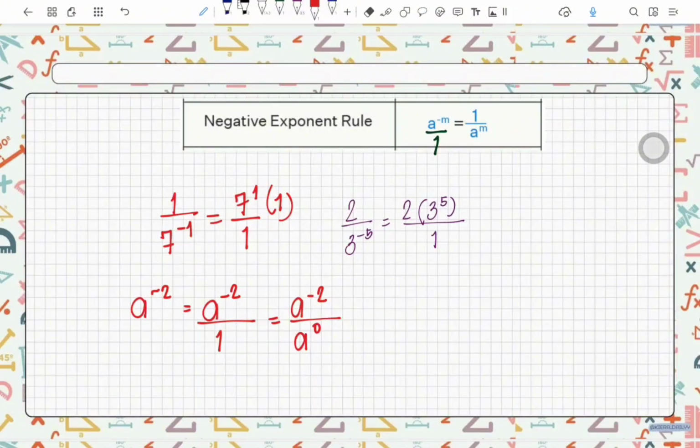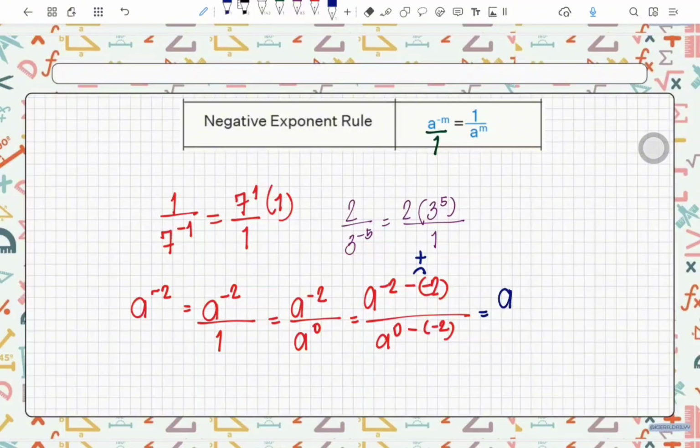Now, we know that the lower exponent here is 0. So if we subtract, a to the power of negative 2 minus 0.